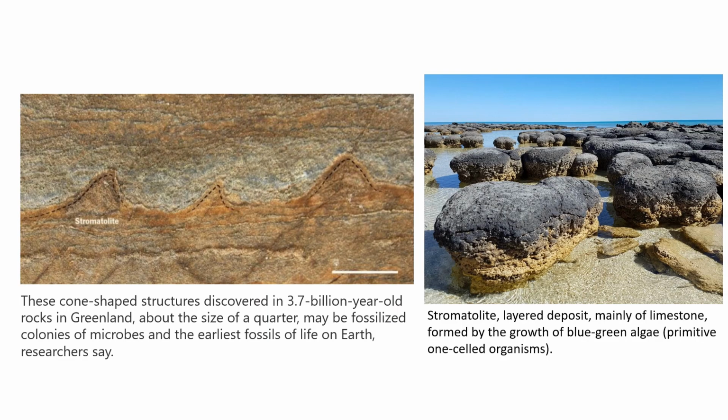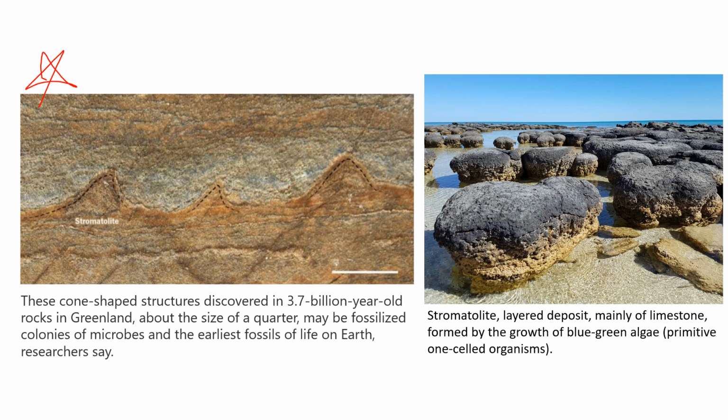So here are going to be some of the evidence for very early life that's going to come from other fields like geology. So in this image, what we're seeing is a rock sediment, and we have these cone shapes that they've lined out, and those are called stromatolites.